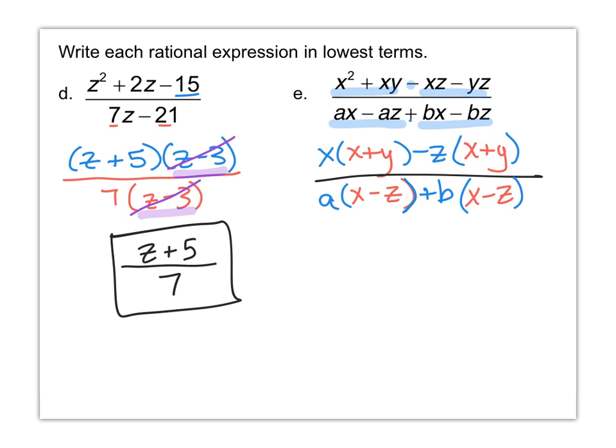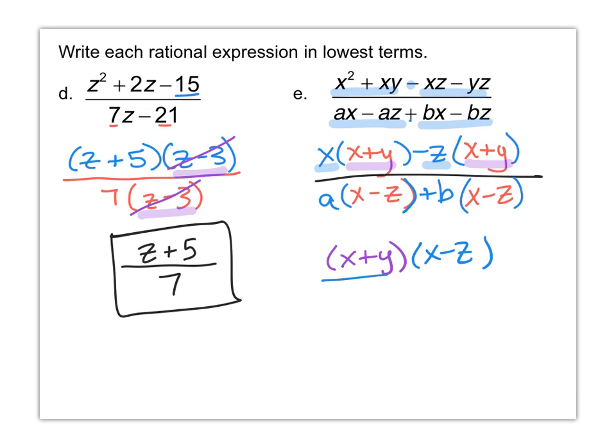Now let's look at the entire numerator. The larger groups in the numerator have that common factor of x plus y. So if you factor out that common factor of x plus y, then what is left in front is the x minus z. So that would be your other factor.